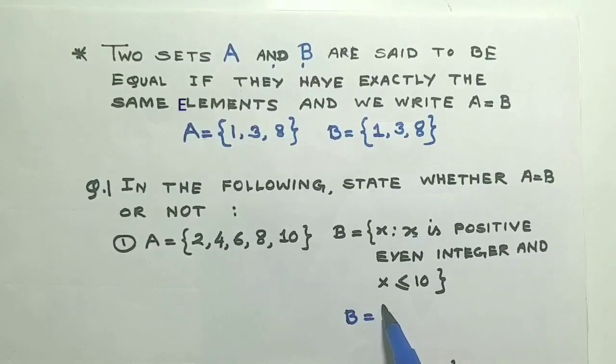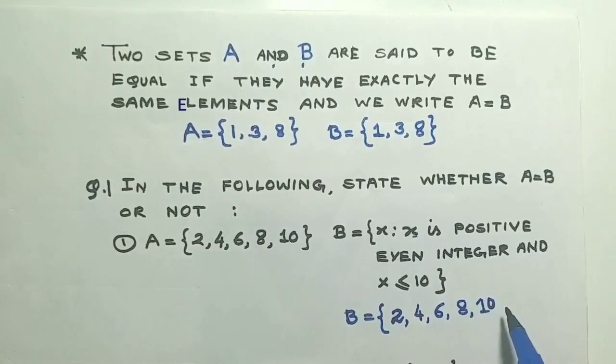So 2 will be the first element, then 4, 6, 8, and 10 is to be considered because x is less than or equal to 10.